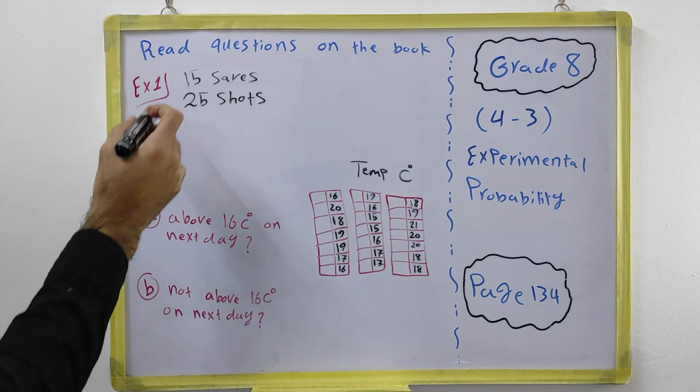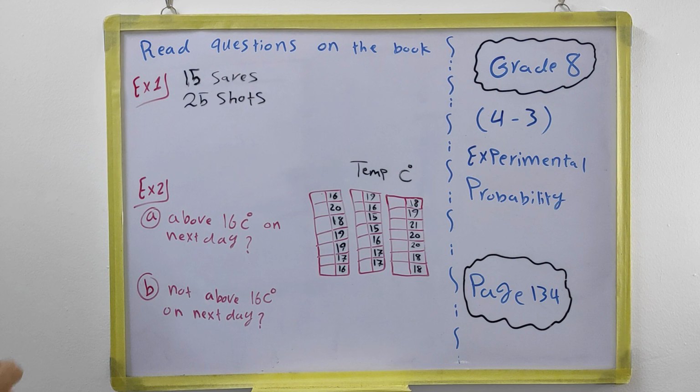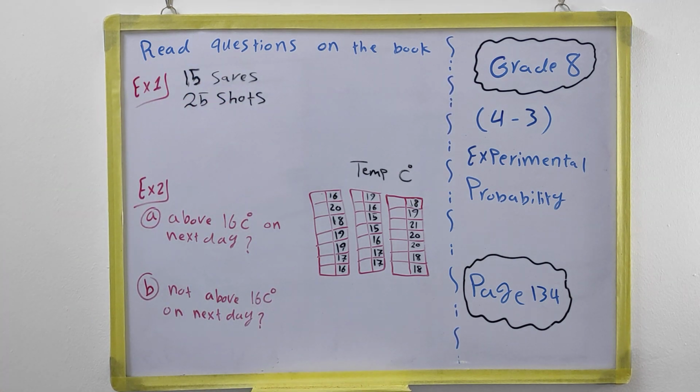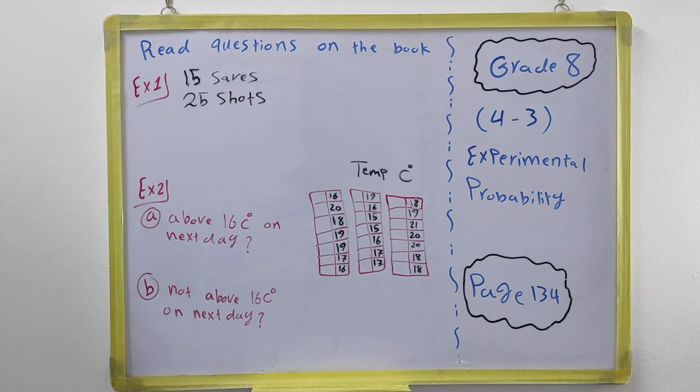Now this is an experiment. It happened. He got 15 saves out of 25 shots that came to him. From that experiment that happened, it now asks you what's the probability that he will save the next shot that comes to him.